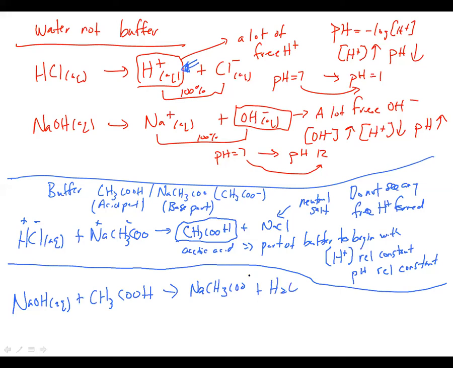Just like we see above, we actually made the buffer part as part of the products. But just like above, we do not see an important thing showing up. We do not see OH minus. So we made no more free OH minus. And that means that our H plus concentration, because they are tied together, will remain relatively constant.